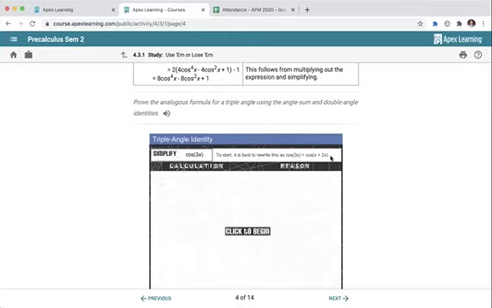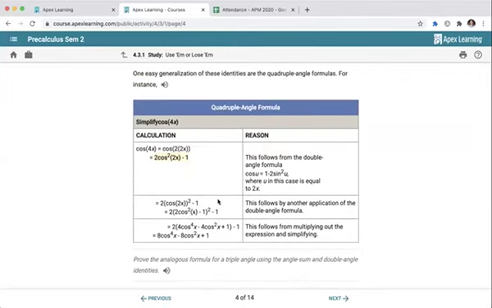And then we notice that we have a double angle right there, 2 times our x value. So we're going to separate them out using our additive property and then utilize this double angle.